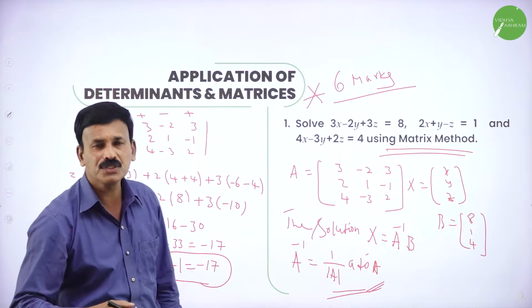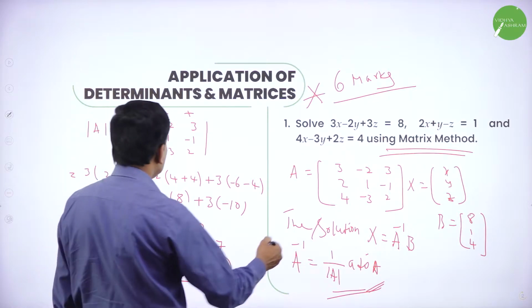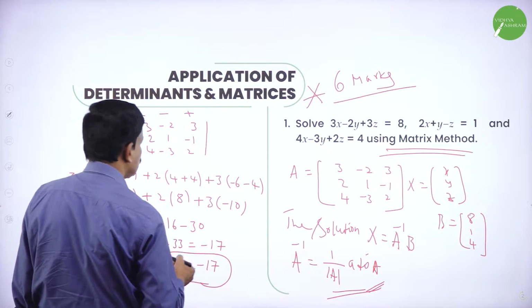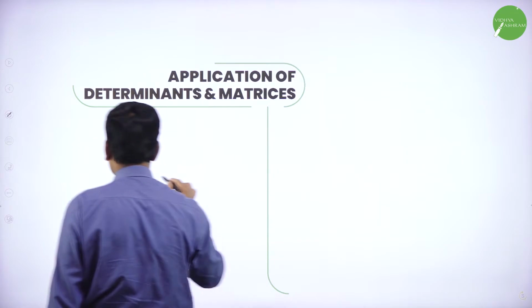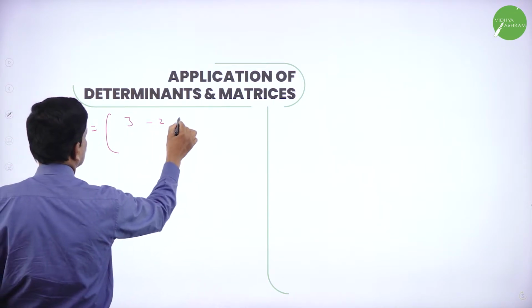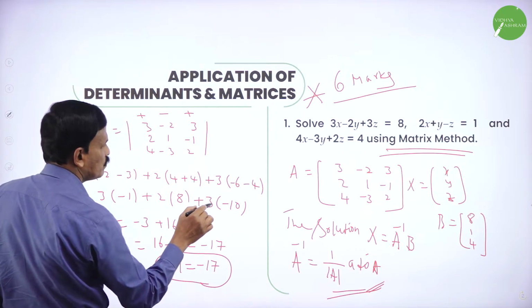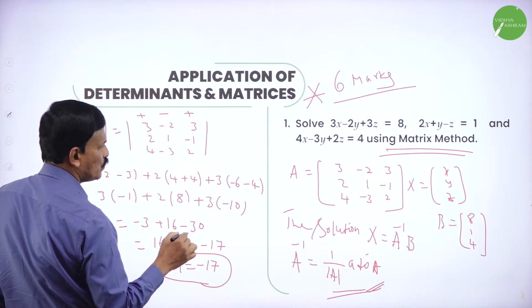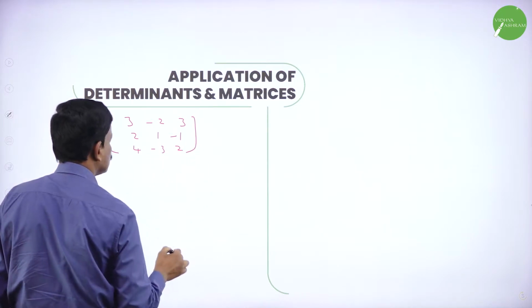Now let me find the cofactors. I will go to the next page. So let us write these elements. Matrix A is equal to 3 minus 2 3, 2 1 minus 1, 4 minus 3 2.